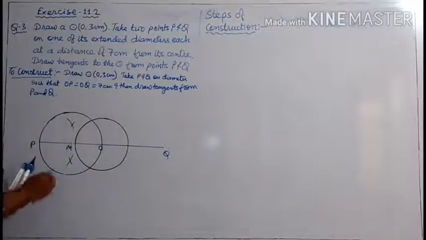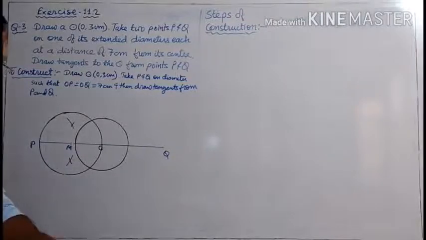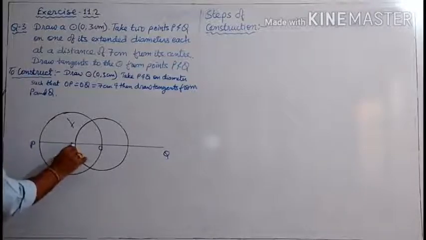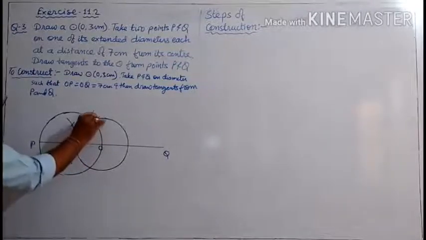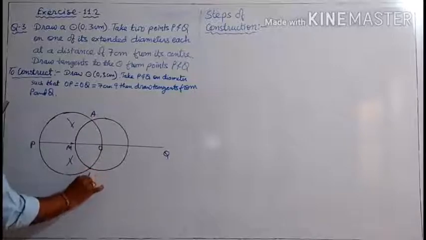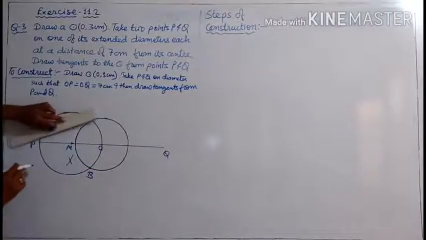Okay, so taking this point, we got the circle. Now join P here. This will intersect the circle at point A and at point B. Then join PA and PB. So these are the tangents from point P.